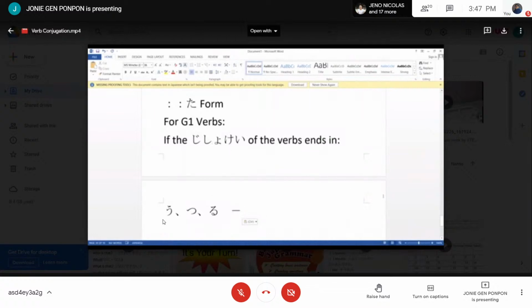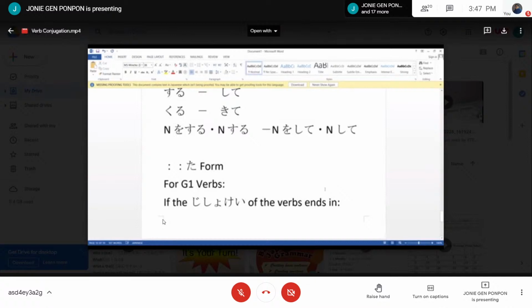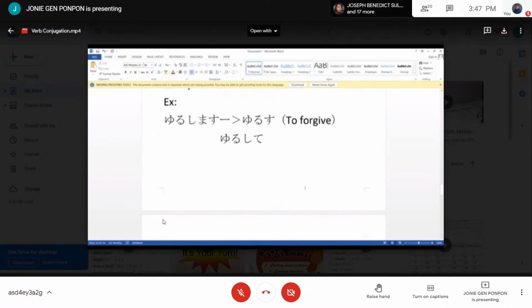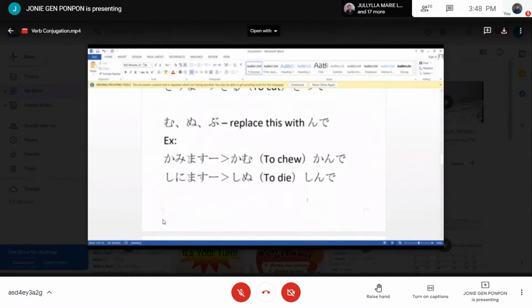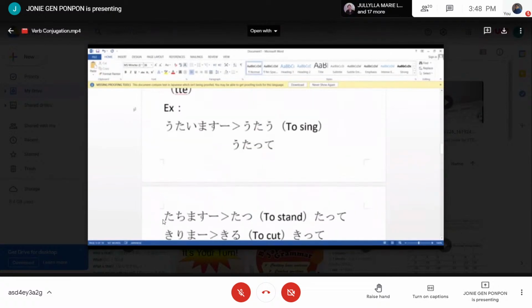Yeah, ends in u to ru. It will replace this with t. Okay? So, let's use the examples here, so we don't have to look for other examples. It's easier. Okay?